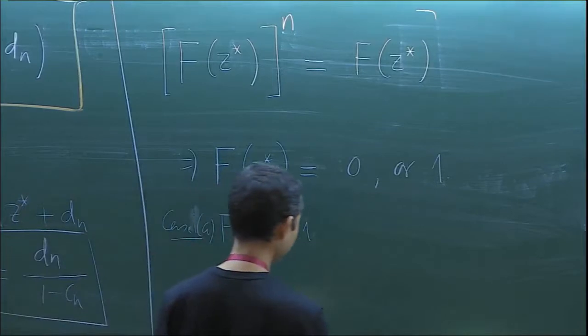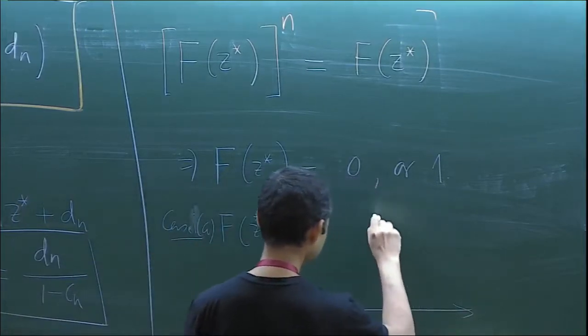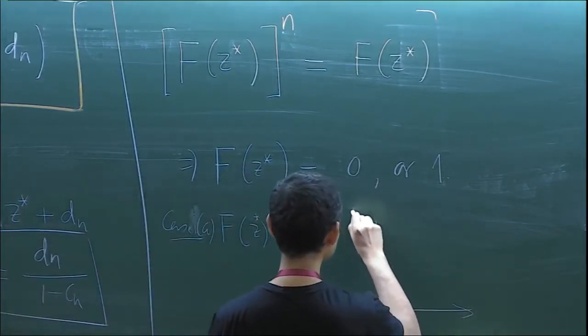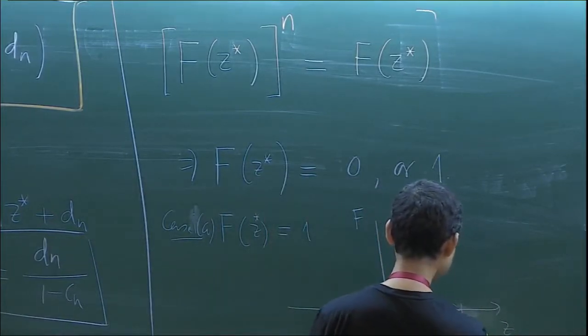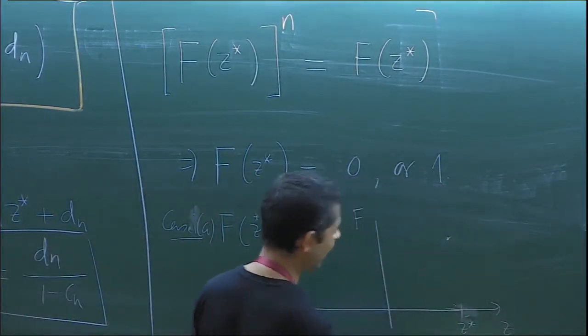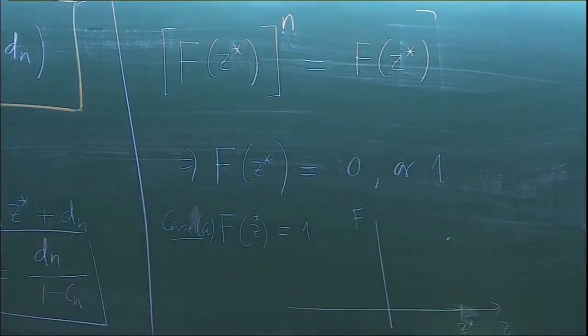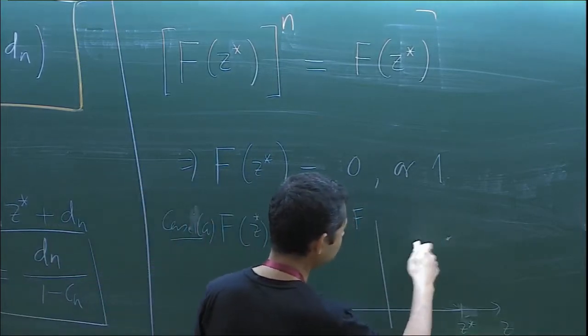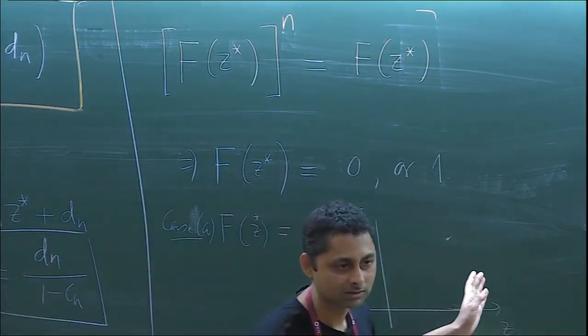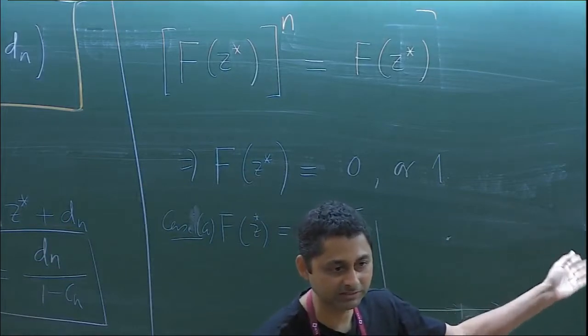So you're plotting f as a function of z, and there's some z star, and at that point it's 1, right? So that means it's going to be 1 afterwards. If it is 1 afterwards, it means the probability density is 0.